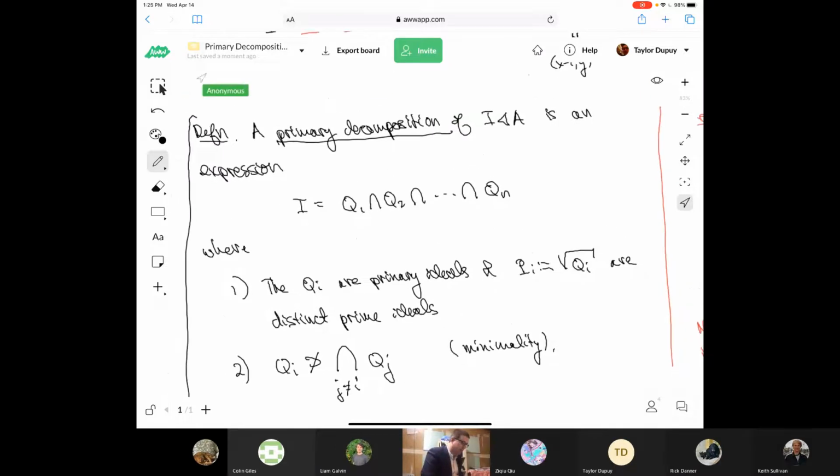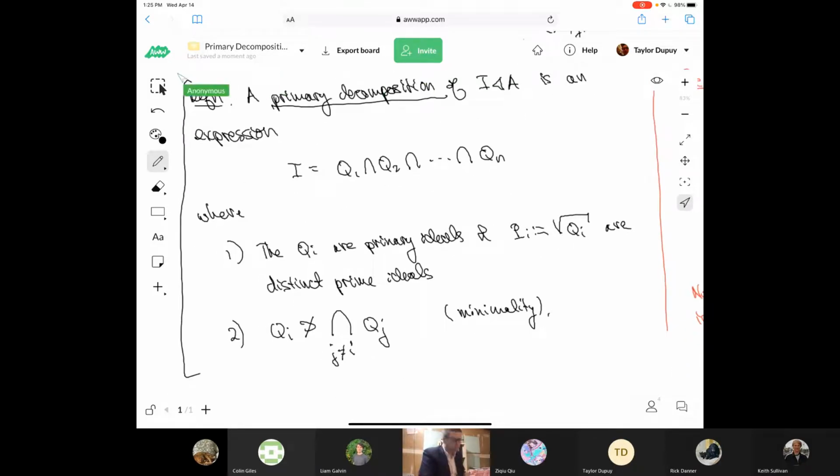They're like powers of prime ideals, but not quite. Powers of prime ideals are not necessarily primary, and primary ideals are not necessarily powers of primes. But lots of them are. For maximal ideals, I believe that's true.